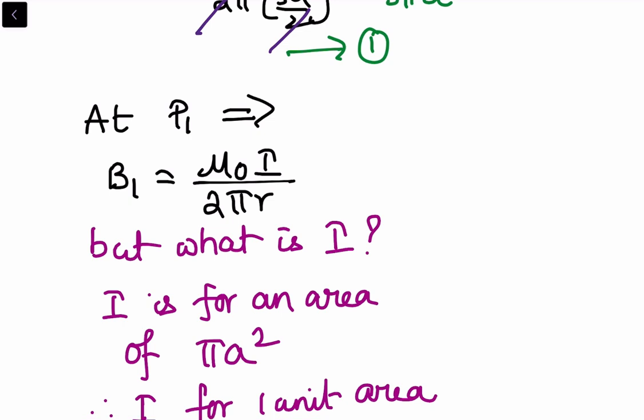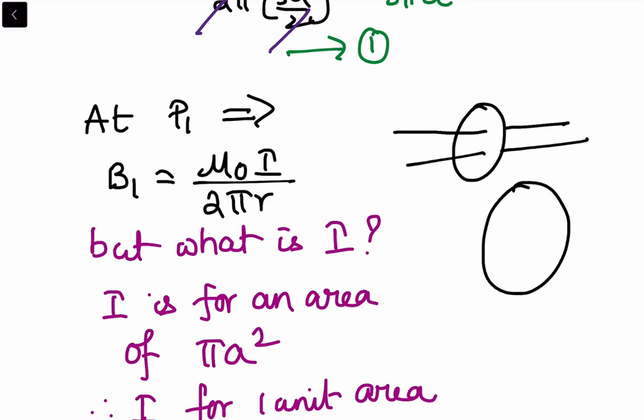In Ampere's circuital law, you have to consider only the current passing through the loop; above that you cannot consider. In this cross sectional area, if you take a by 2, it covers only this much. So first we must find how much current flows in it, and then we can apply Ampere's circuital law. How can we find it? That is the problem now.